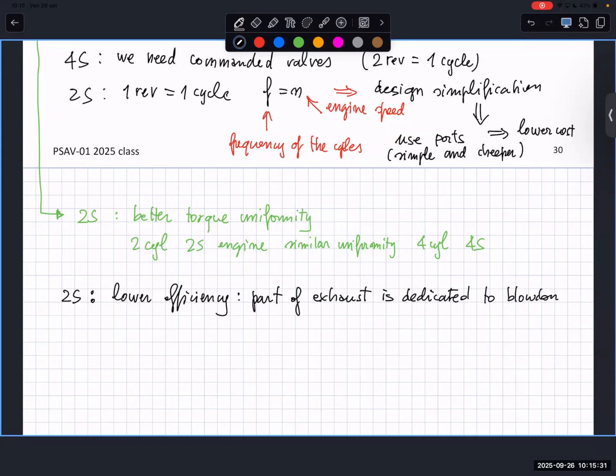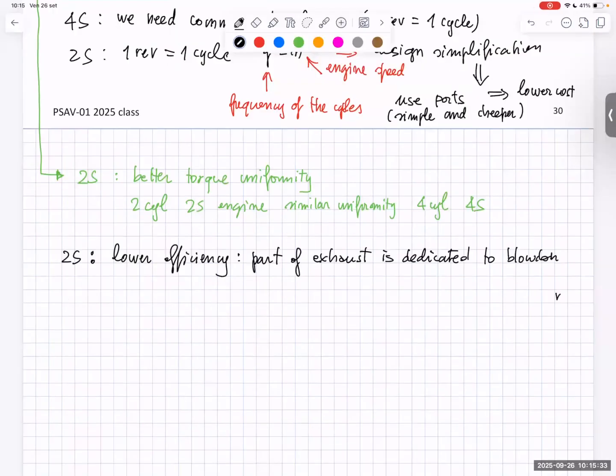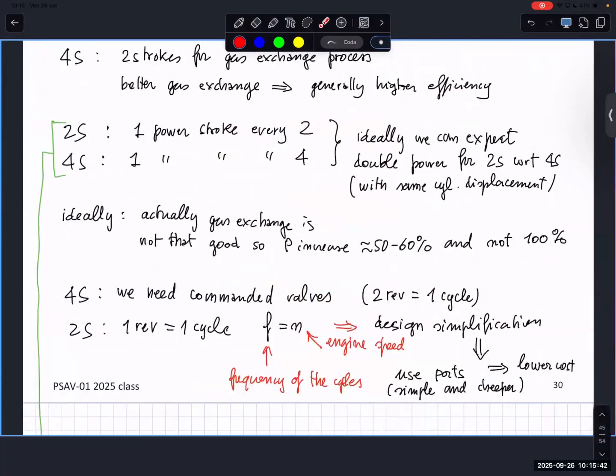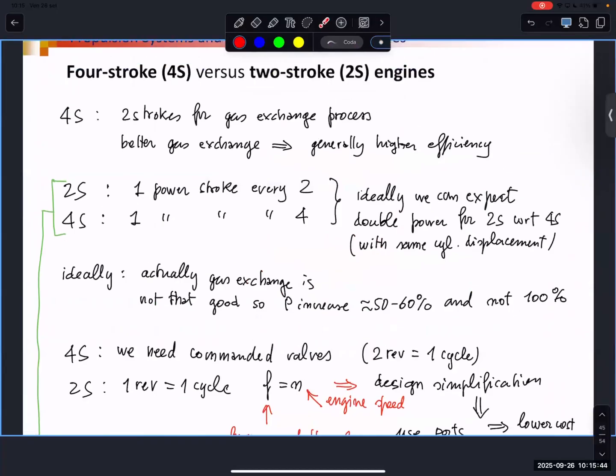And this, again, is connected to what we were saying at the beginning of the year.